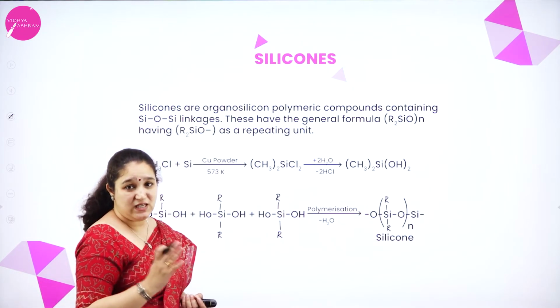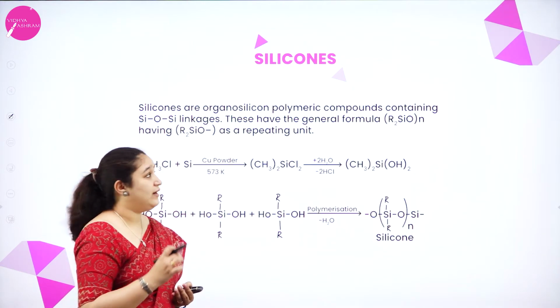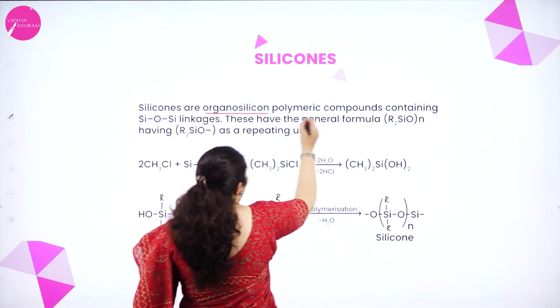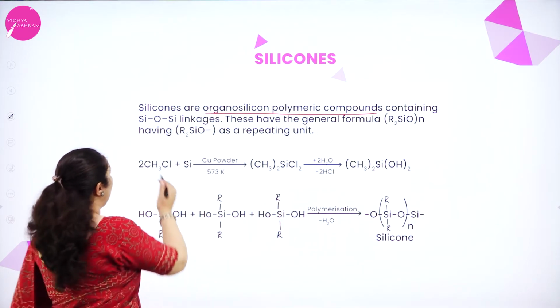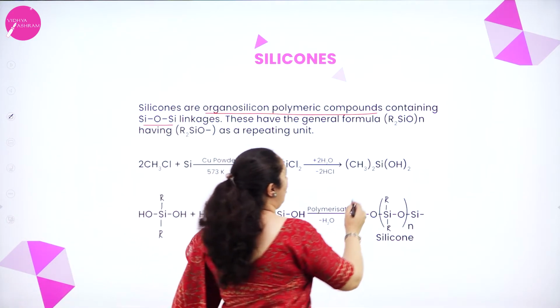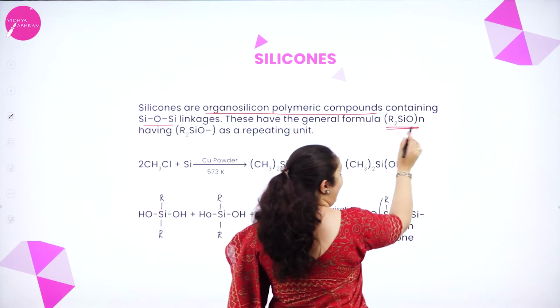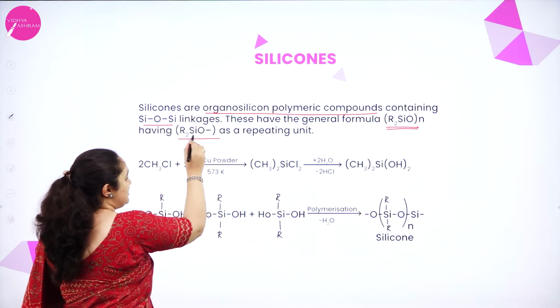Next we have silicones. What are silicones? Silicones are organosilicon polymeric compounds. They contain the Si-O-Si linkage, and they have a general formula (R2SiO)n, where the repeating unit is R2SiO.